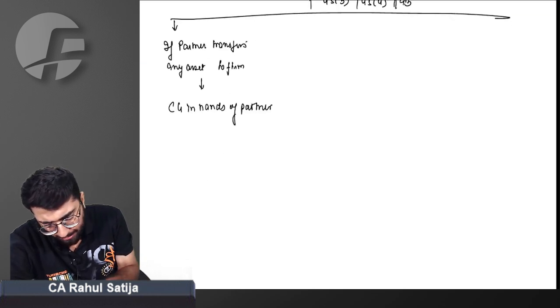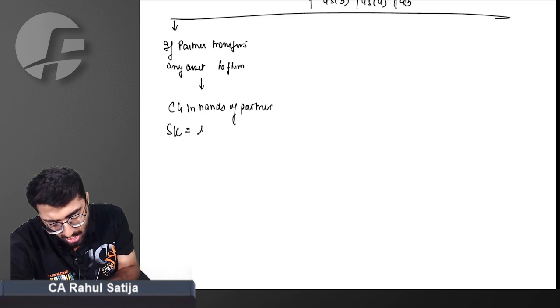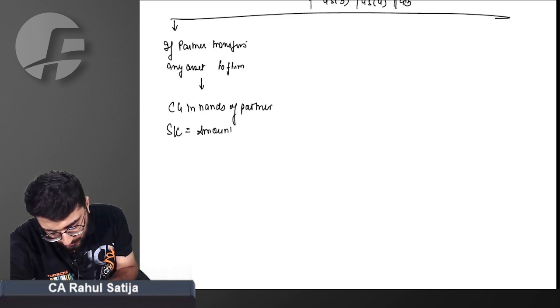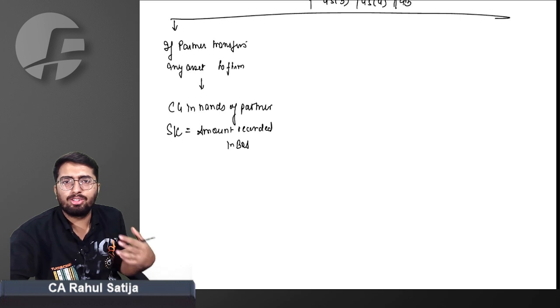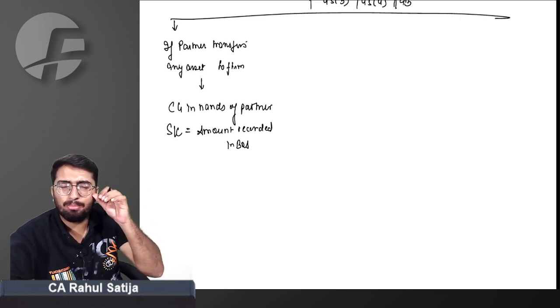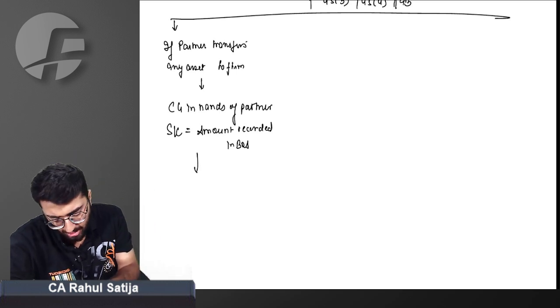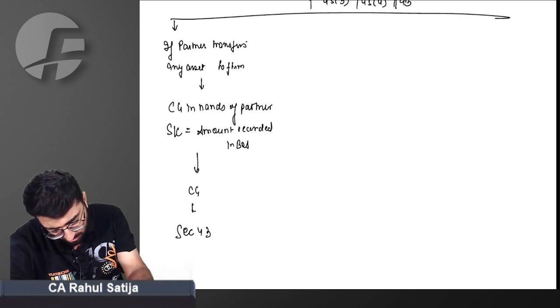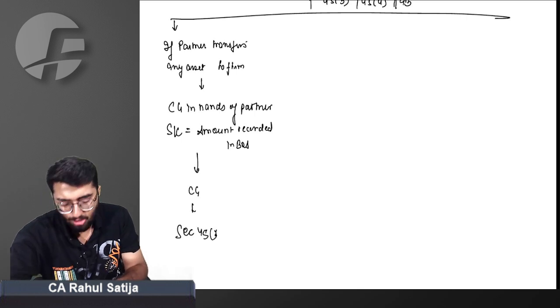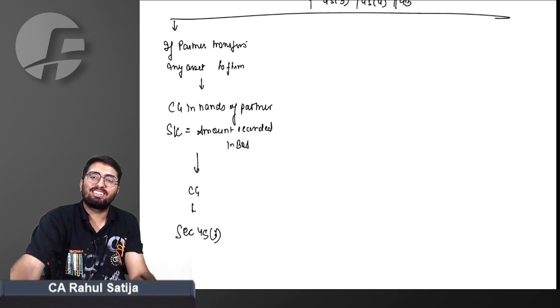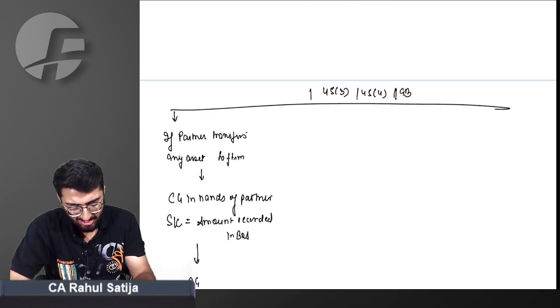For that matter, how will capital gain be calculated? Sales consideration will be the amount recorded in the books of accounts. Cost of acquisition will be my actual cost of acquisition. I will reduce any transfer expenses, any improvement, and I will arrive at capital gain. This section is called section 45(3). Done. How can a thing be simpler than this? We are done with one of the sections.